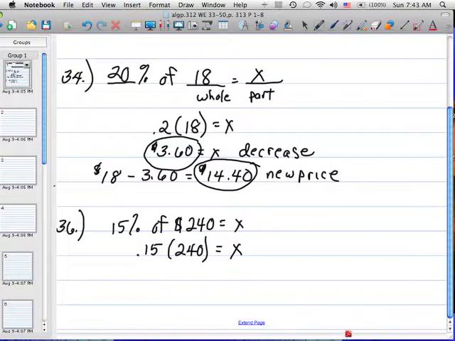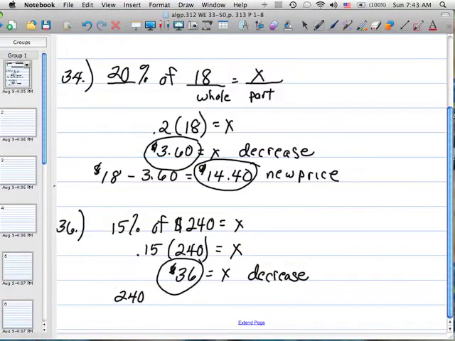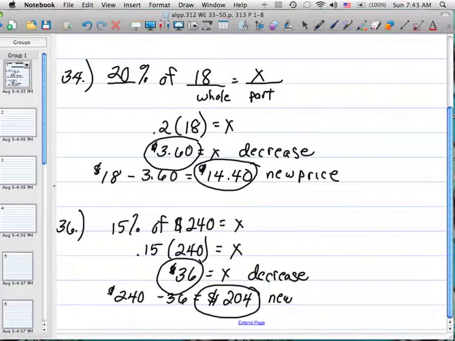And the calculator will give us $36 equals X. That's our decrease. So the new price is to take $240 and subtract out the price decrease, which is $36. And we end up with $204 as our new price. So be sure and circle both of these.